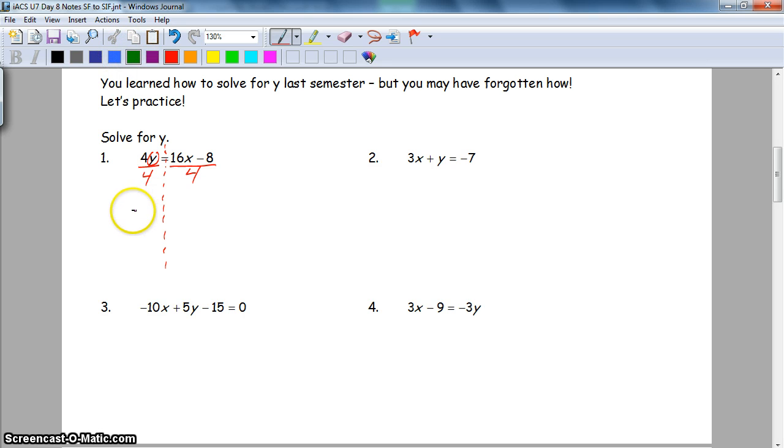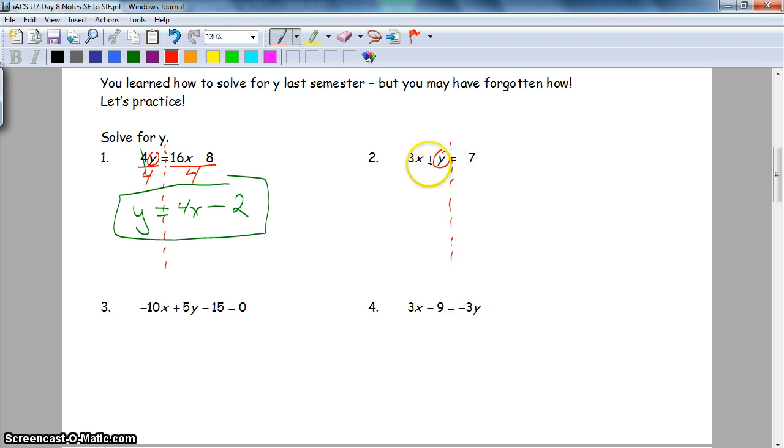So what we're left with here is, the 4's cancel, y equals 16 divided by 4 is 4x minus 8 divided by 4 is 2. We need to get y by itself. So there it is.